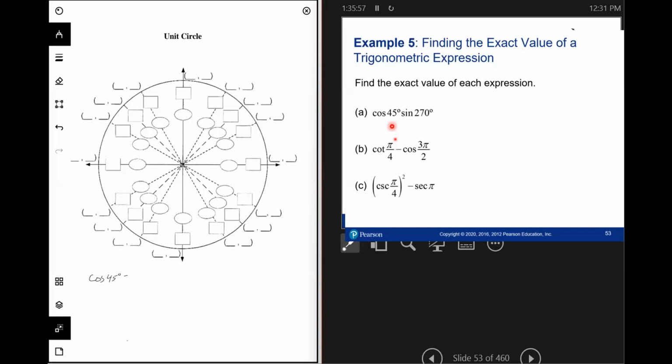The cosine of 45 degrees is the square root of 2 over 2. And from previous work, the sine at 270 degrees, well, that's the y value of this point, which is -1. And I just multiply the two together. So that gives me the negative of the square root of 2 over 2.